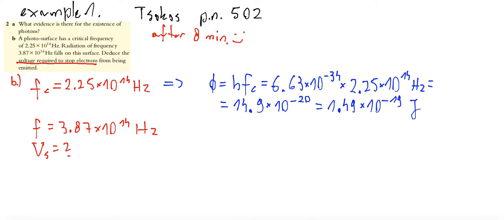This energy is given in joules because we multiplied Planck's constant in standard units times the frequency in hertz.